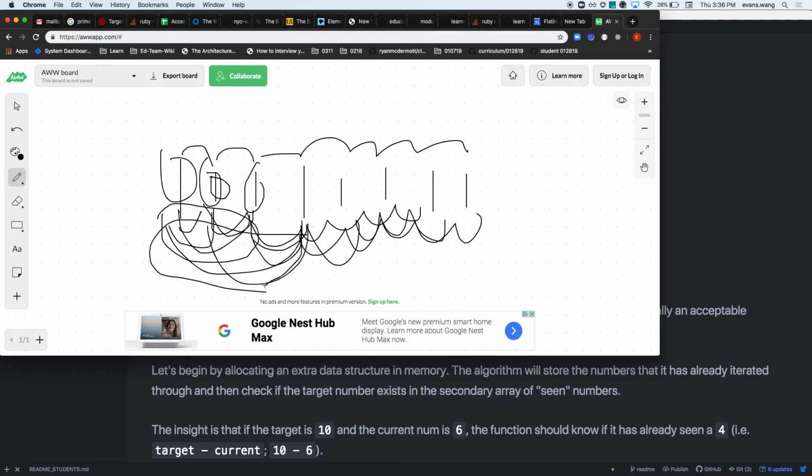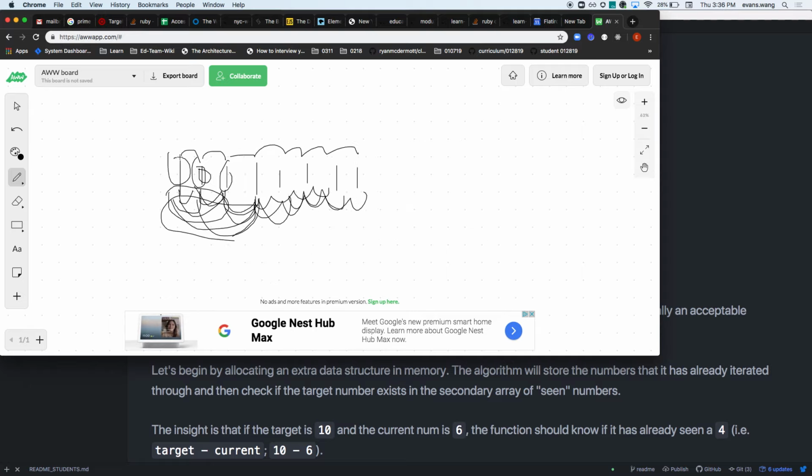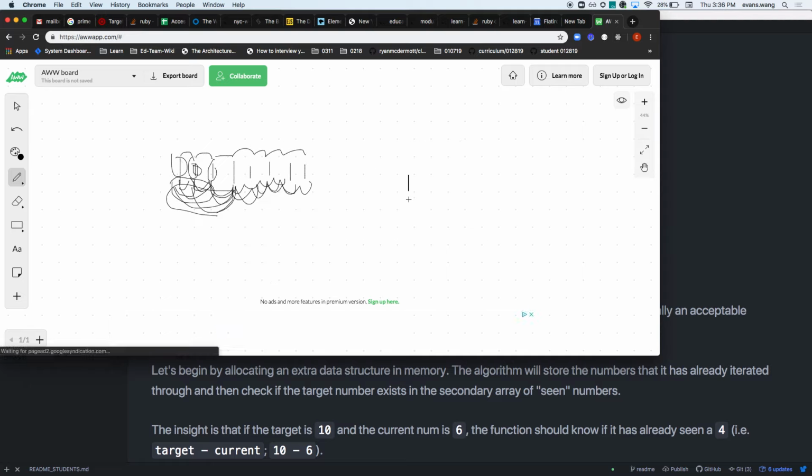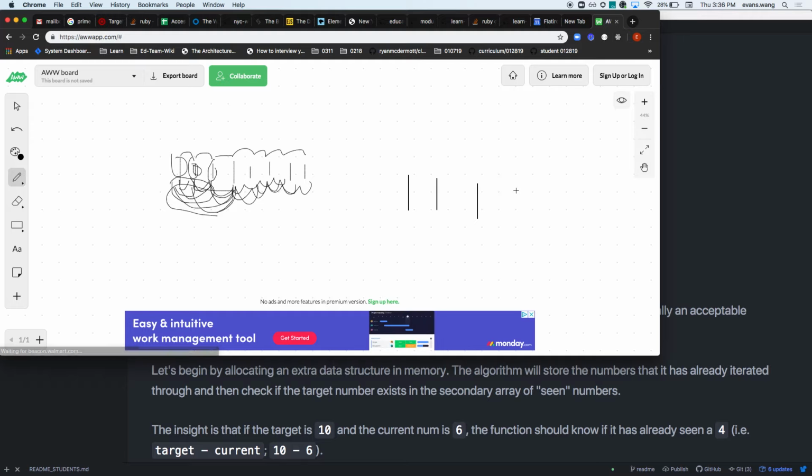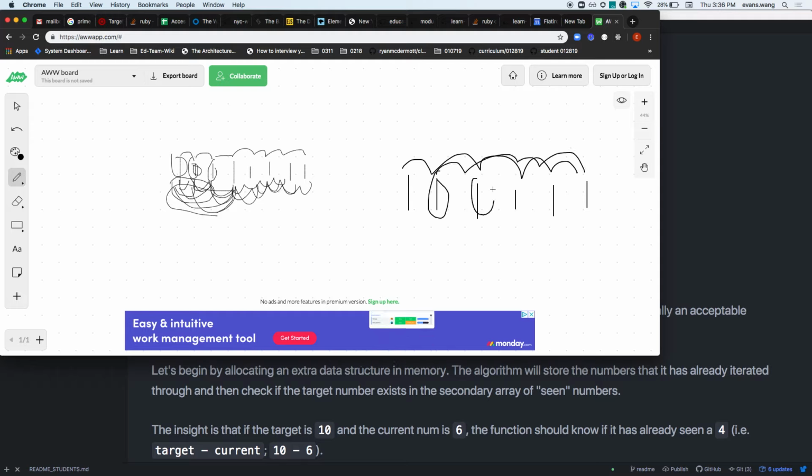That's inefficient. The idea here is, let me just zoom out a little bit. All right, here we go. Oh, I lost it. So the idea is if I check this, I only need to go from here and check these, go here and check these, because these were already checked.